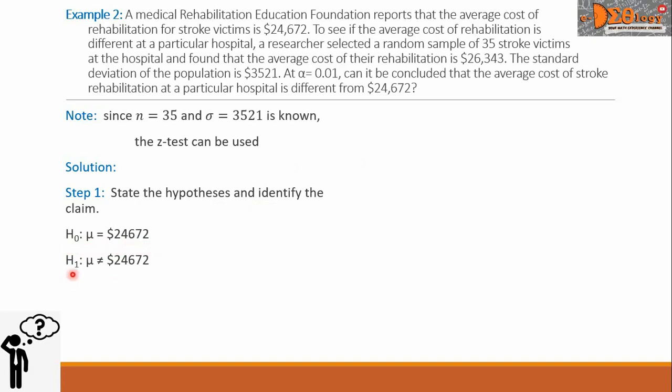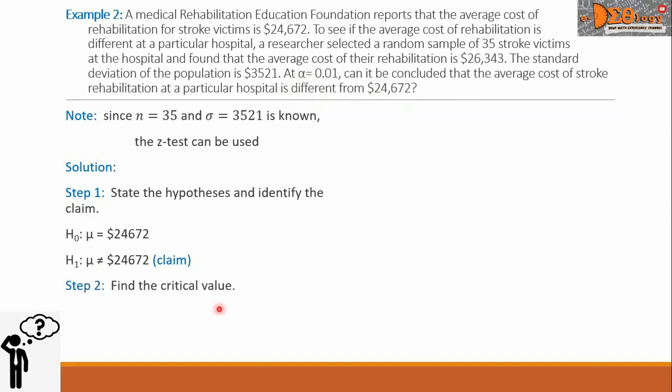While H sub 1, the alternative hypothesis, we write mu is not equal to 24,672. The word here is different. It can be more than or less than. So it denotes a not equal sign. And this alternative hypothesis is the claim in this problem.